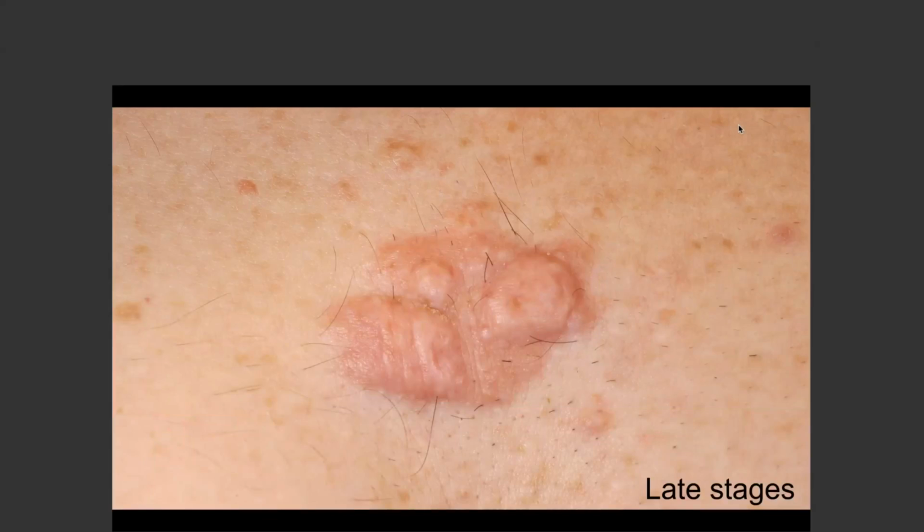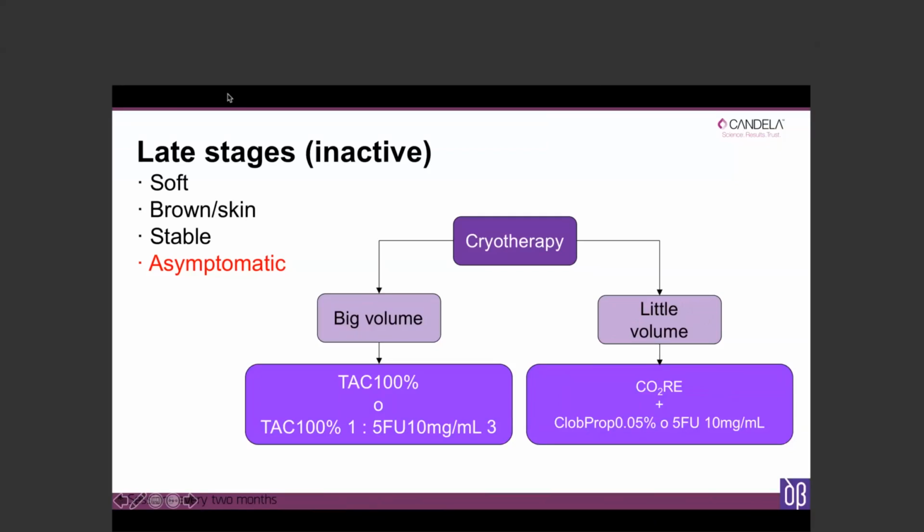And all right, we're going to talk about late stages in keloids. This is an old keloid, what you see on the screen now. And what is actually a late stage keloid? When I say late stage, I mean that it is inactive. So it's completely asymptomatic, and that would be the best sign to follow.